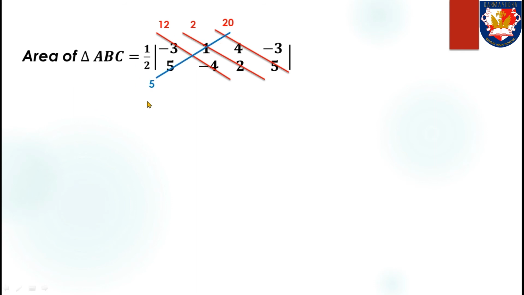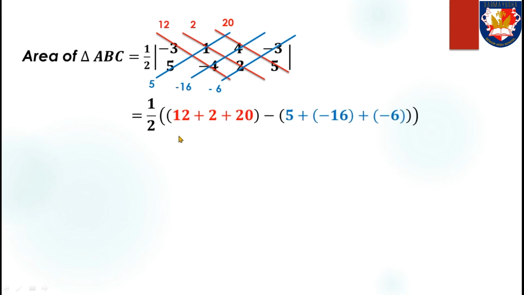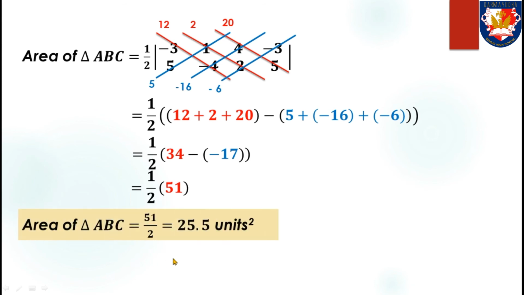And 1 times 5, 4 times -4, -3 times 2. The results are shown by the blue numbers. It equals half times the sum of the red numbers subtracted by the sum of the blue numbers, equals half times 34 minus -17, equals half of 51. Therefore, the area of triangle ABC equals 25.5 square units.